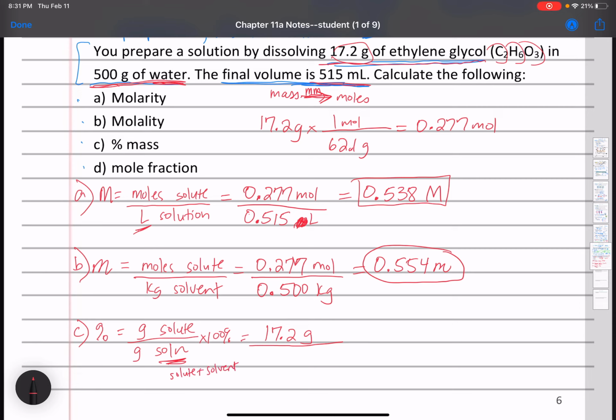I'm not given the grams of solution in this problem, but I am given the grams of solute and the grams of solvent. So on the bottom here, I'm going to do the sum of those two. 500 plus 17.2 is 517.2 grams. That is the mass of my solution, adding both of those masses together. Times 100% equals 3.33%.